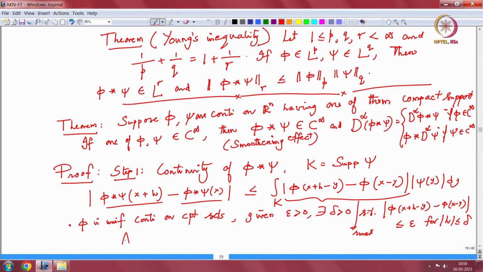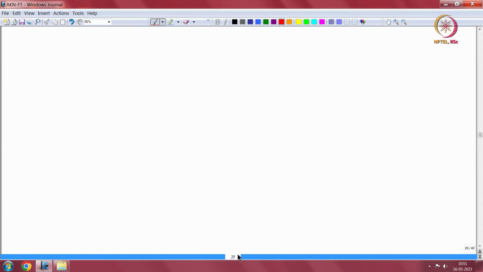So, as h tends to 0, phi star of psi at x plus h tends to phi star of psi at x, proving the continuity. Okay. To look at the differentiability, more or less a similar trick.